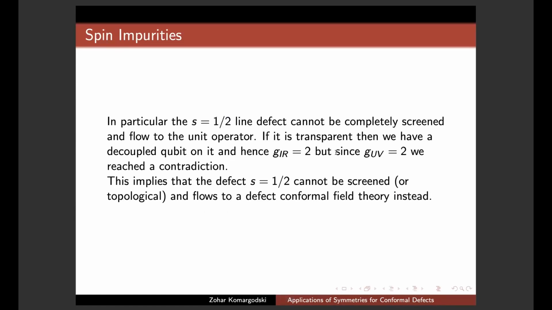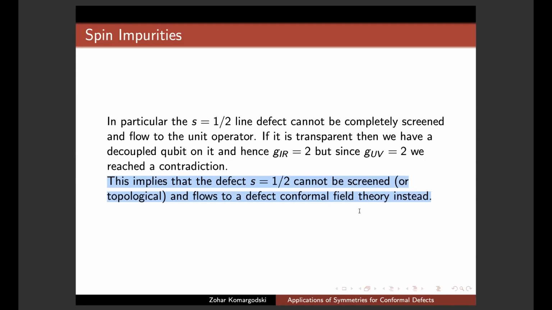And if it was completely screened, the infrared g function would also be 2, and this violates the inequality. So we reach a contradiction. This actually solves a pretty canonical problem in 2+1 dimensions, which is the Kondo problem in 2+1. It shows pretty rigorously that the S equals a half spin cannot be screened. It has to flow to a conformal defect.